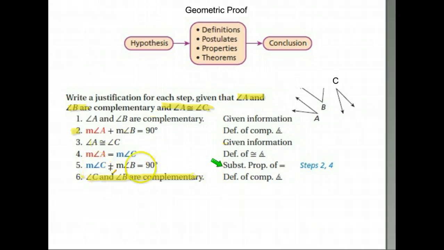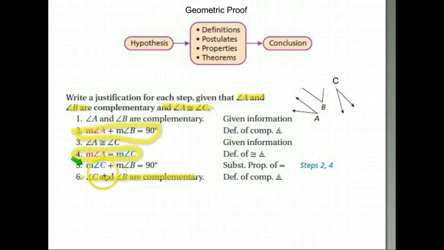Over here, they put steps 2 and 4, so that if someone's looking at this proof and wonders what you substituted from, they're told which steps to look at. We took step 2 and substituted our value from step 4.